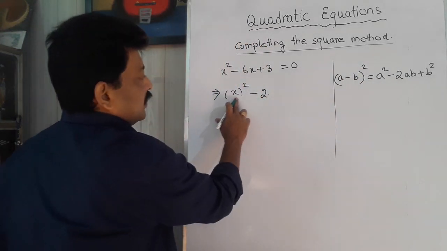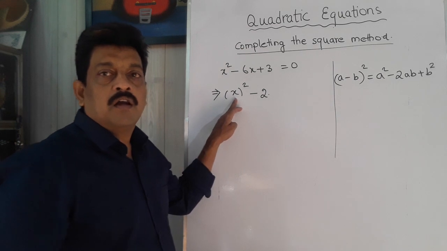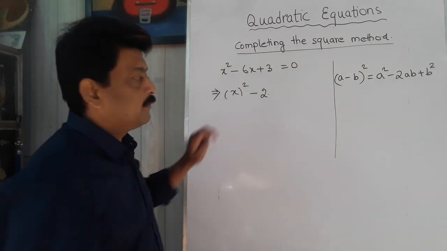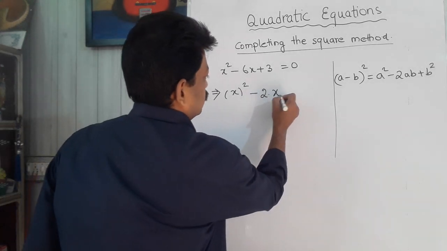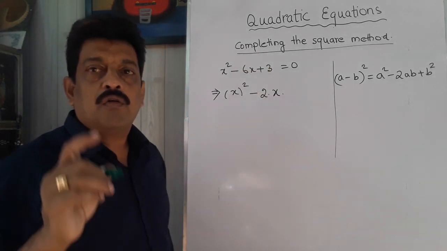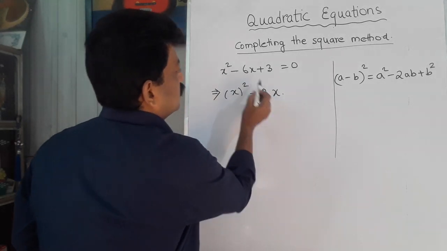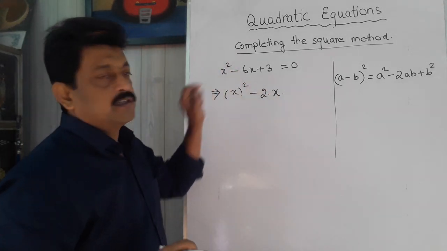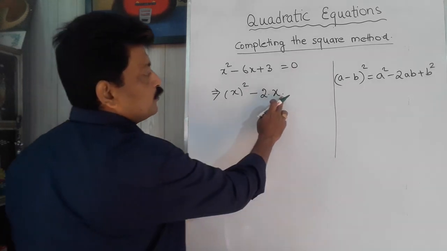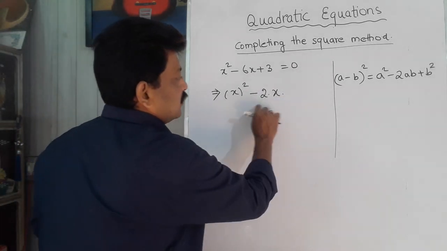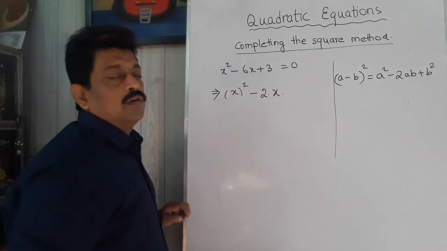What is a? A is the number inside the bracket. Whatever is there inside the bracket, that is a. So it is x. And what should b be such that this 2ab will be equal to minus 6x? It means we have to put some value here of b such that this value and this value will be the same.